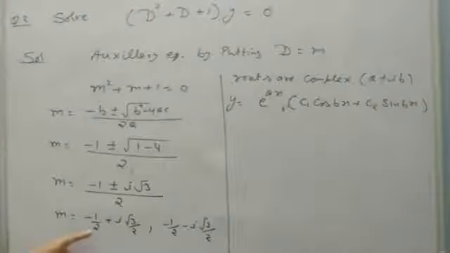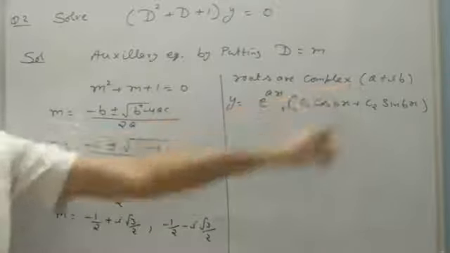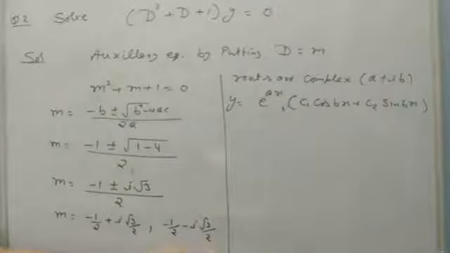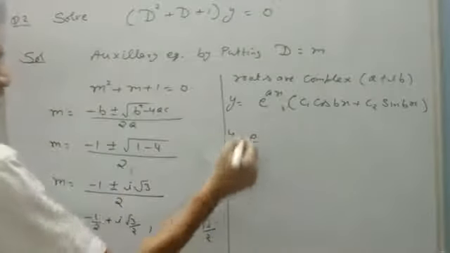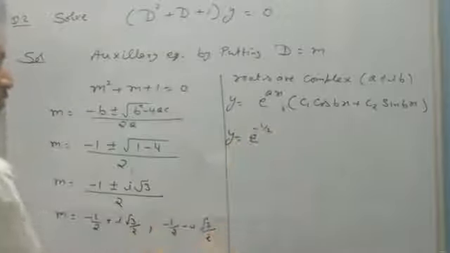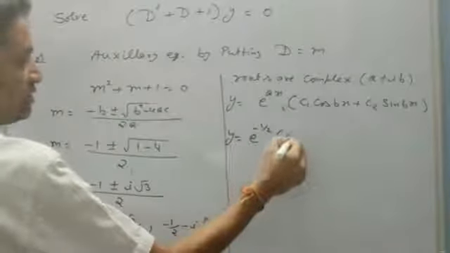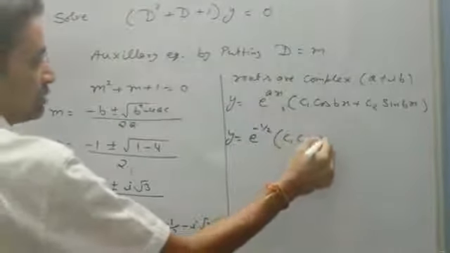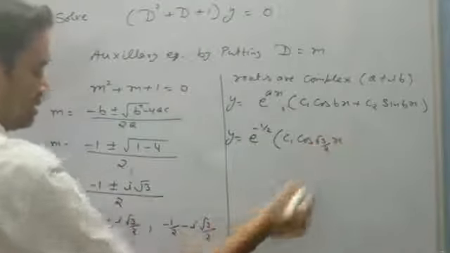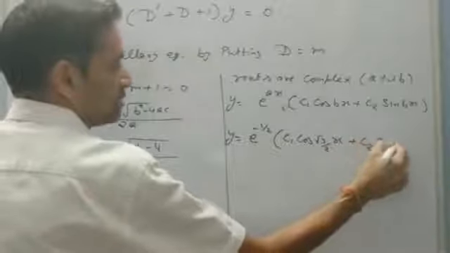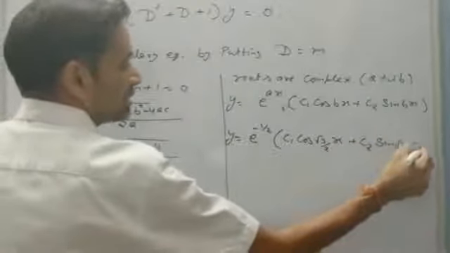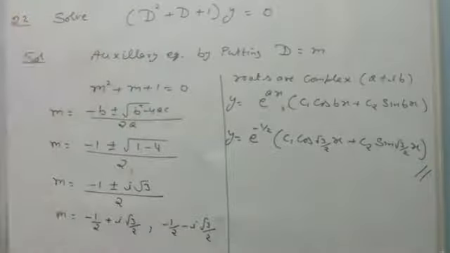We can see the real part of the complex root is a and the imaginary part is b. Put the values, we will get y is equal to e to the power minus x by 2, c1 cos root 3 by 2 x plus c2 sin root 3 by 2 x, which is the required solution of the given differential equation.